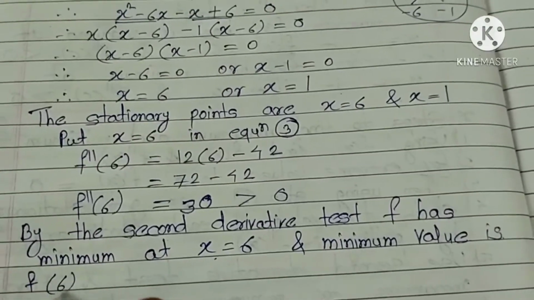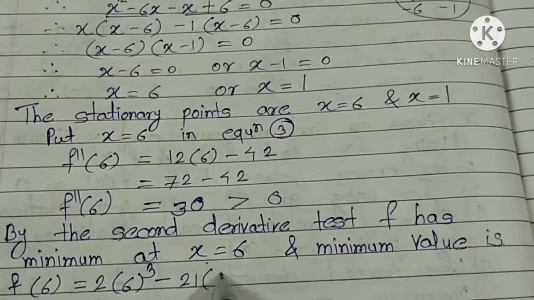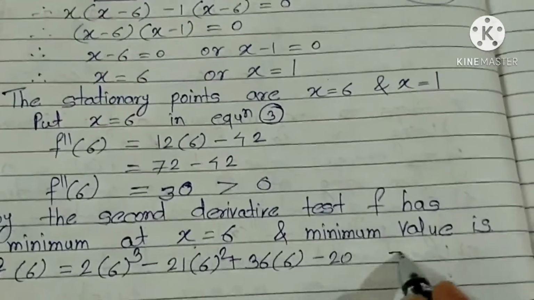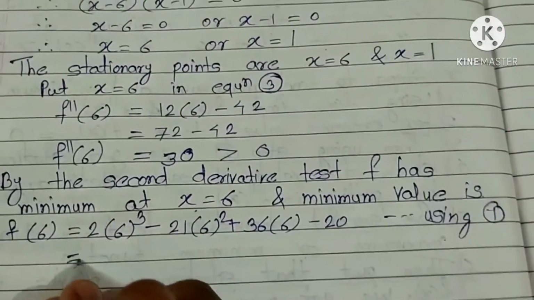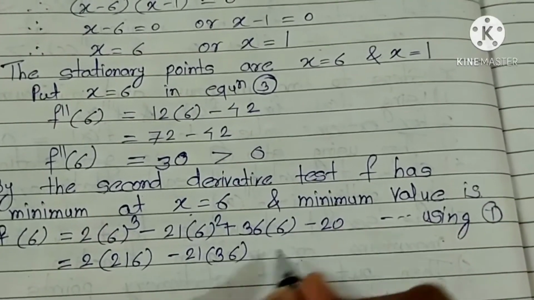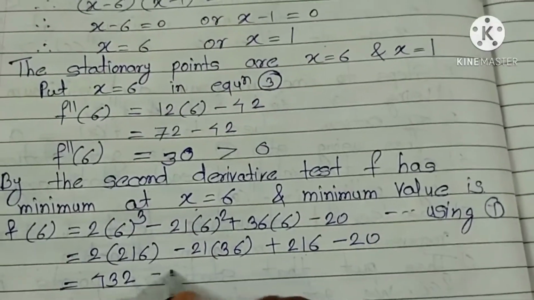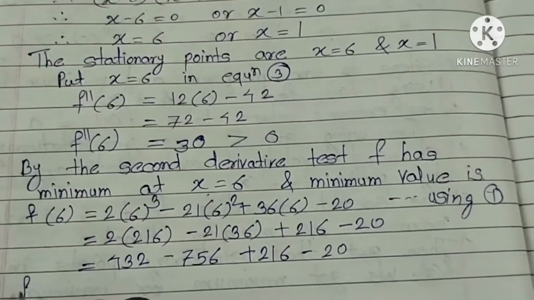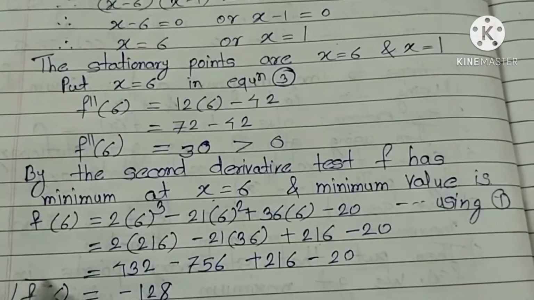So f of 6 is equal to 2 into 6 cube minus 21 into 6 square plus 36 into 6 minus 20. So it is 432 minus 756 plus 216 minus 20. So f of 6 is equal to minus 128. This is our minimum value.